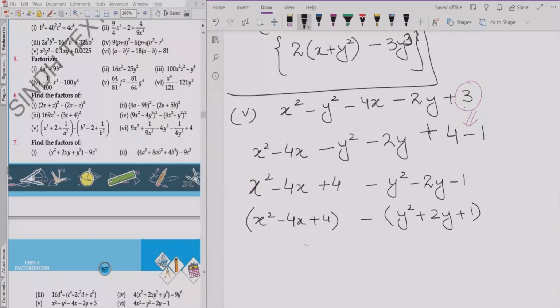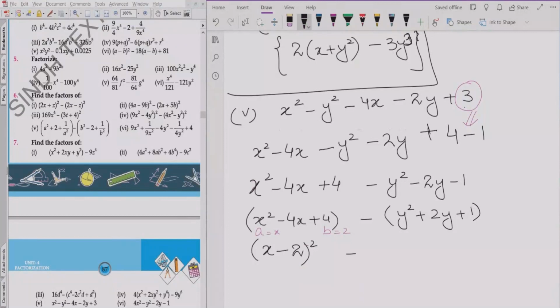So first, this is the equation of a perfect square. Now here x is a and b is 2, right? b equals 2 and a equals x. So we can write x minus 2 whole square.